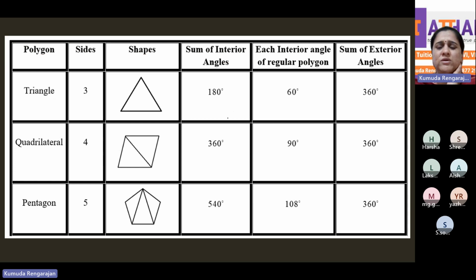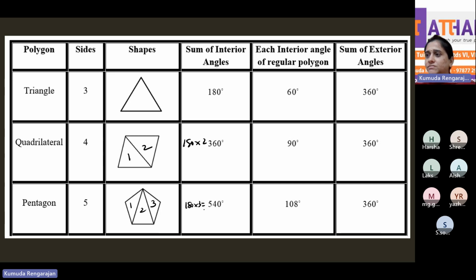You don't have to make a note of all this, but you can just see here. Here you can see a quadrilateral divided into two triangles, a pentagon divided into three triangles. So here it is 180 into 2, because two triangles, 360. Here three triangles, so 180 into 3, 540.